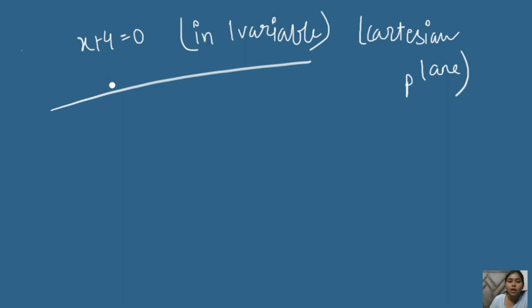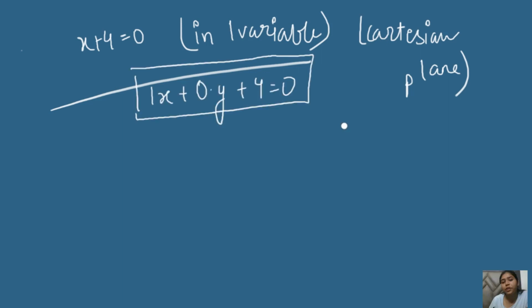In this case we already know that x equals minus 4. So these are the definite points. As I explained in the equation of the line parallel to the x and y axis, when y is multiplied by 0, you can put any value of y, because it does not depend on anything.